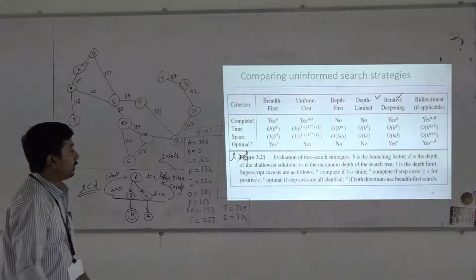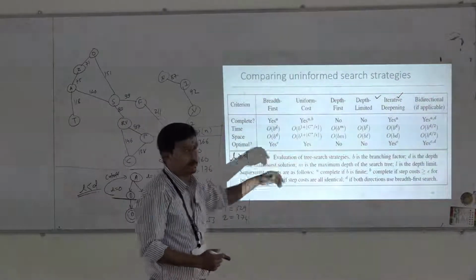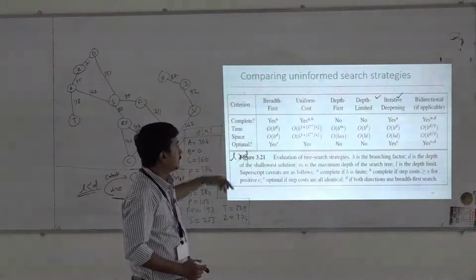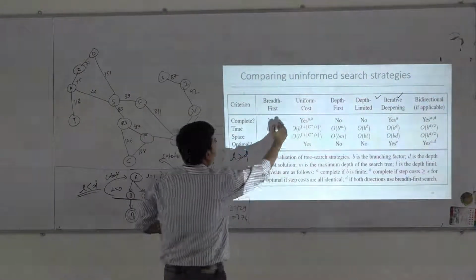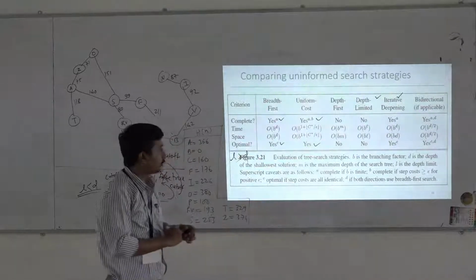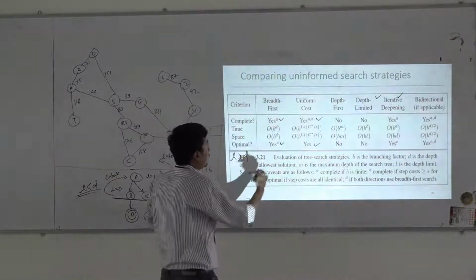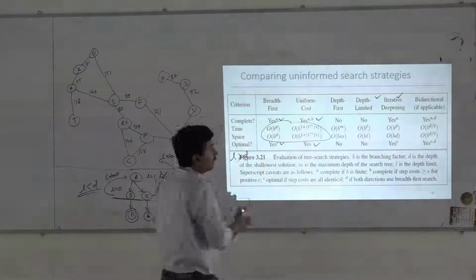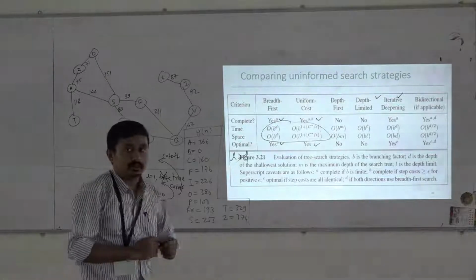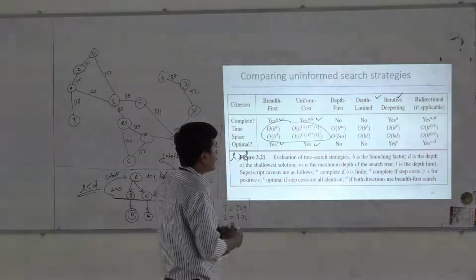Now in this slide we compare the performance of these 5 algorithms that we have seen on the basis of these 4 parameters. As we have studied, DFS and UCS are complete and optimal. But the worst part of these algorithms are their exponential time complexity and space complexity, and that makes them impractical for our search problems.